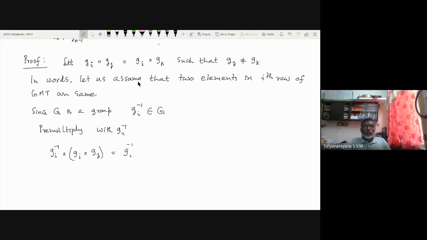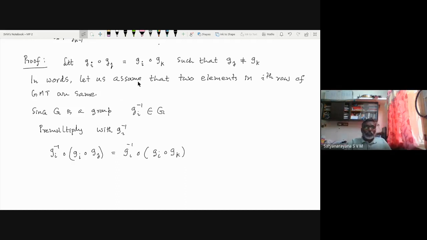But G is a group, so the associativity property is there.